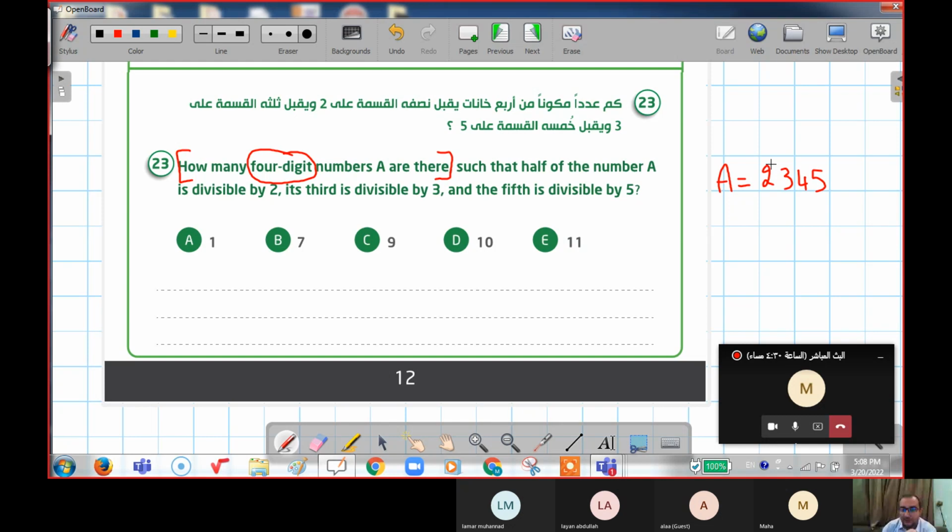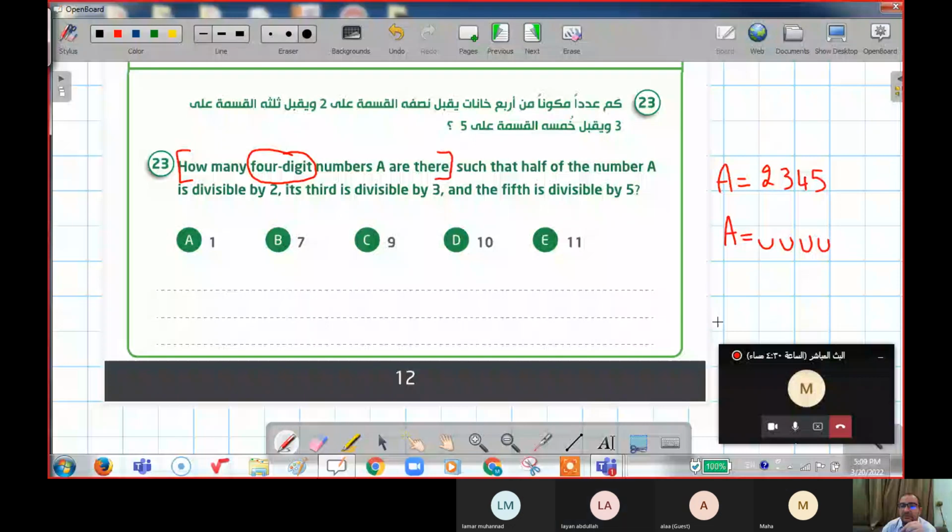The half of the number A. Maha, give me any number, for example. 15. 15 divided by 2 will be 7.5.